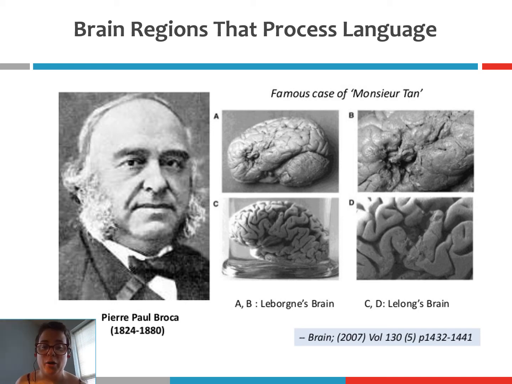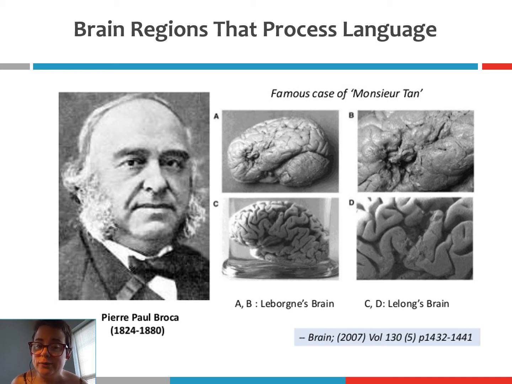Paul Broca was a French physician who was working at a hospital for the clinically insane in Paris when he came upon a patient that's referred to in the literature as Le Borgne. And I assume Le Borgne is the patient's last name. Again, Le Borgne was a patient of Broca's.